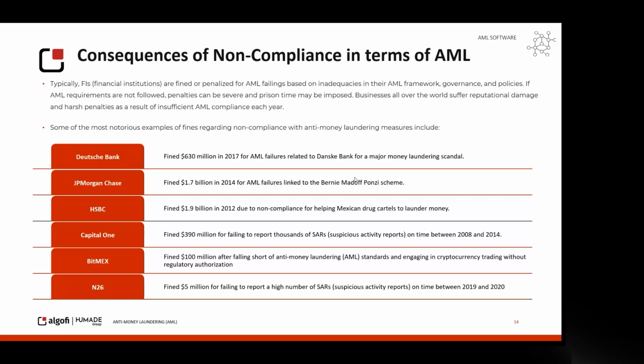Capital One, fined $390 million for failing to report thousands of suspicious activity reports on time between 2008 and 2014. BitMEX, which was fined $100 million after falling short of anti-money laundering standards and engaging in cryptocurrency trading without regulatory authorization.